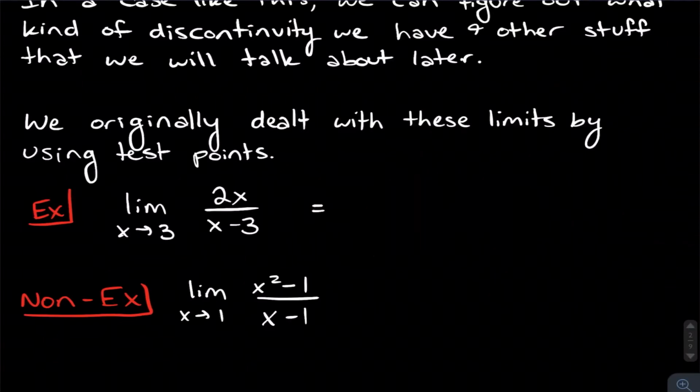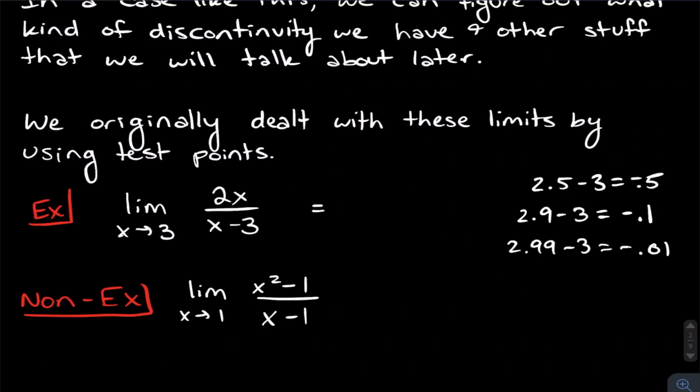We said, well, as we get closer to x equals 3, let's say from the left side, if we had 2.5 minus 3, we're getting closer. This becomes negative 0.5. If we have 2.9 minus 3, that's negative 0.1. And as we get closer, this number gets smaller and smaller and smaller.